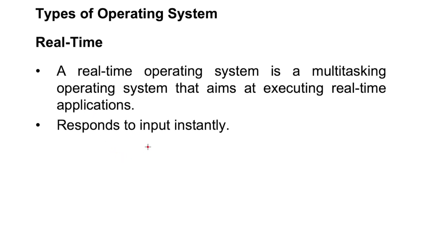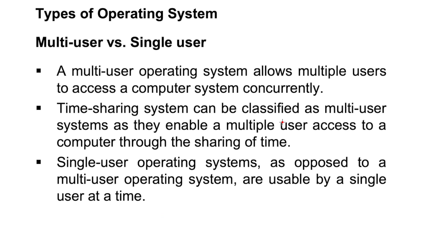For example, if data is coming in and the system is processing, or you can say plotting, the data, this type of activity is a real-time activity. So anything that operates in a real-time scenario will be called a real-time operating system.